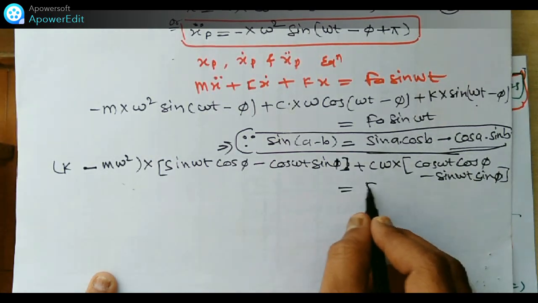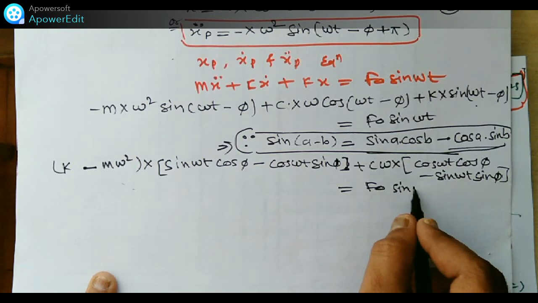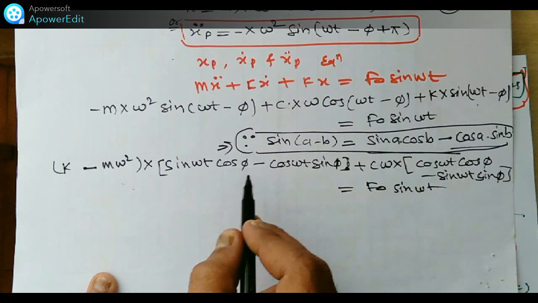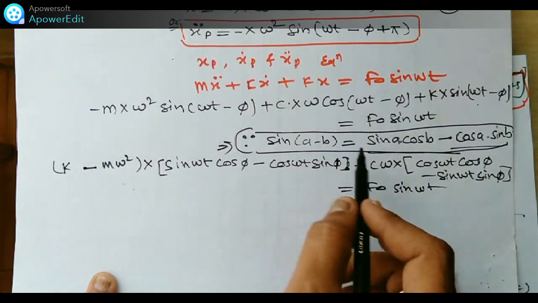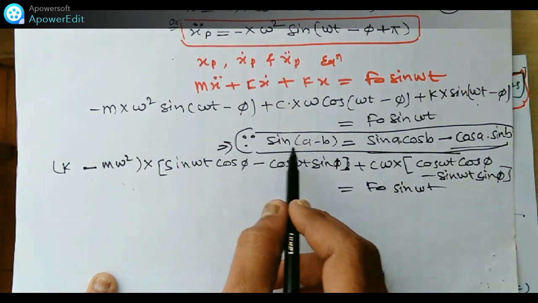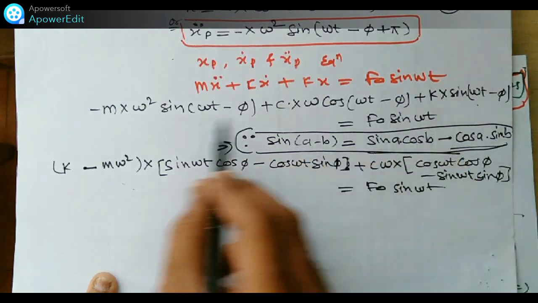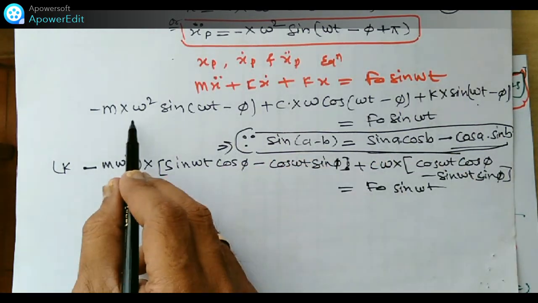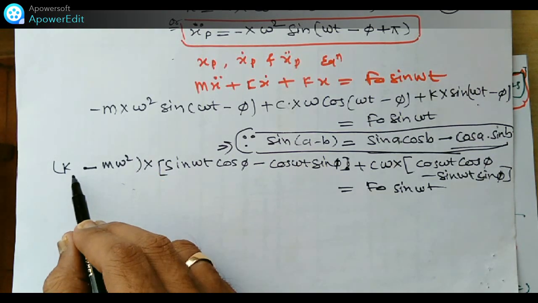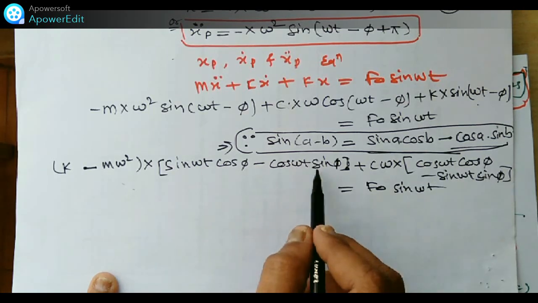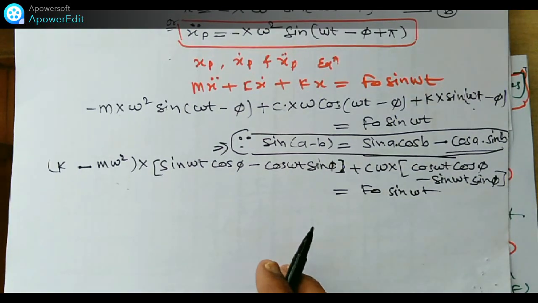Which is equal to F0 sin omega t. We have put the values of sine a minus b and cos a minus b in this equation, and taken x outside as a common term.